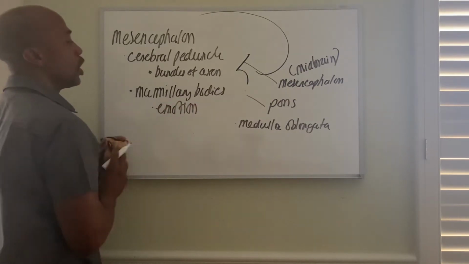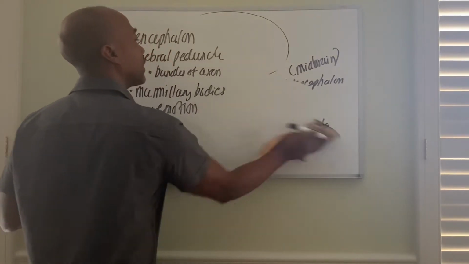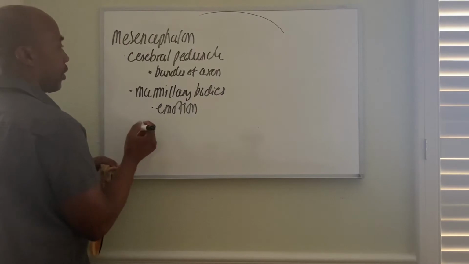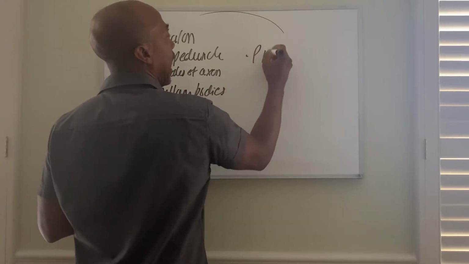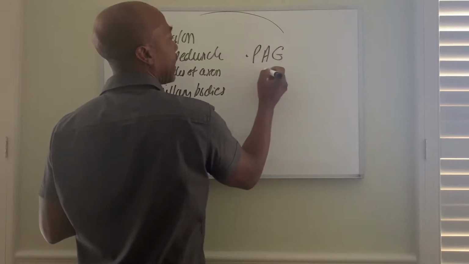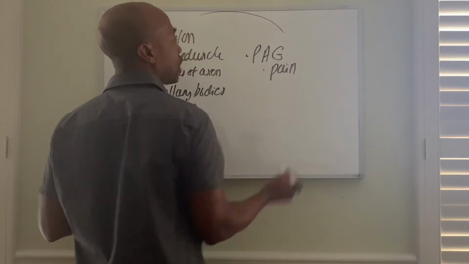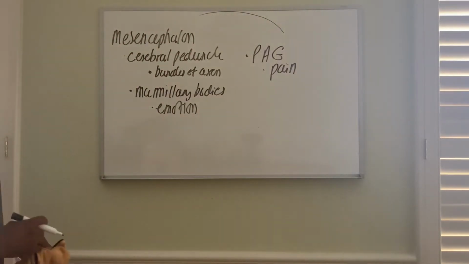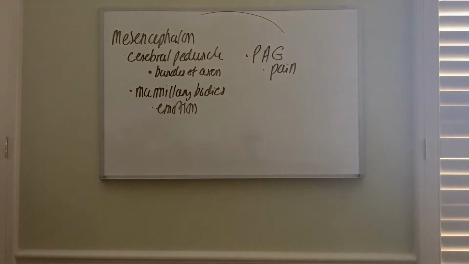So emotions are relayed through the mammillary bodies of the midbrain. Also having here an area called your periaqueductal gray. That area is involved in pain transmission, as pain pathways ascend to your cortex. Some of it is relayed into here, your PAG, your periaqueductal gray.